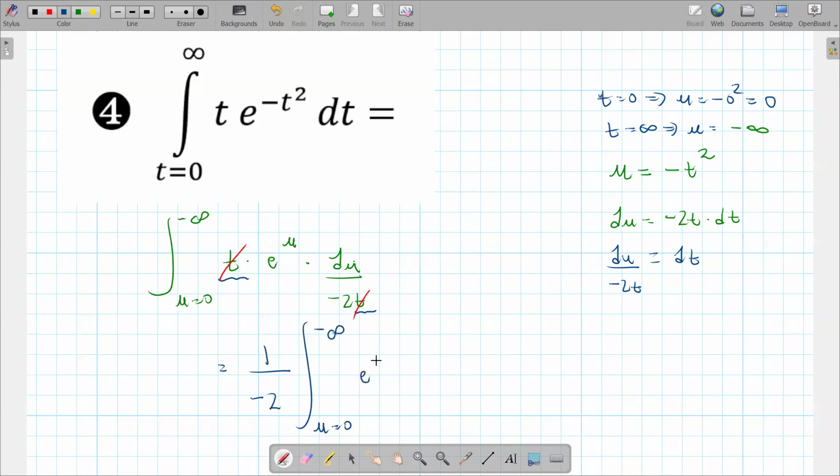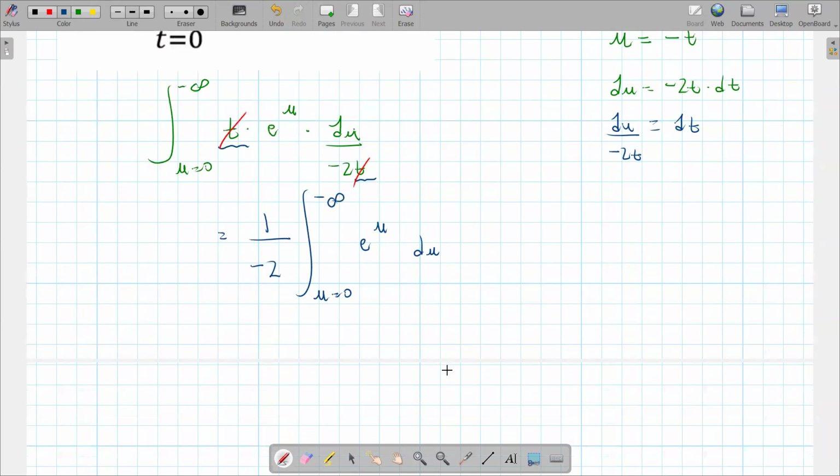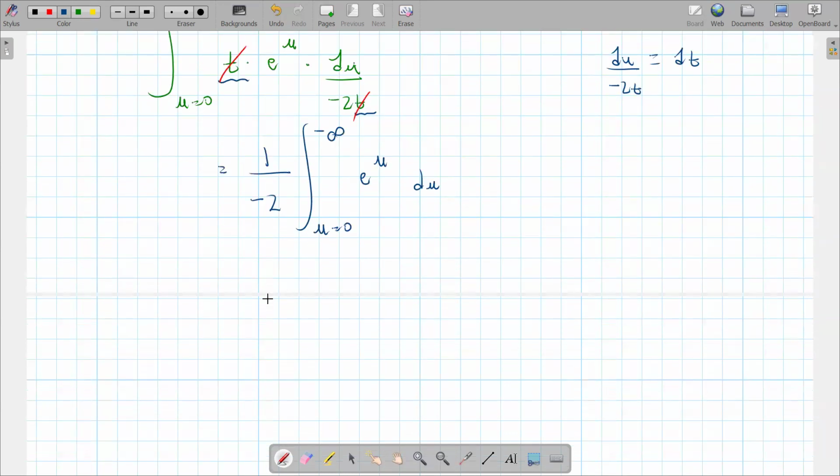So now we have e to the power of u du. Remember, e power x, the derivative and the integral is itself. So what's the integral of e power u? It's itself. So you have e power u.